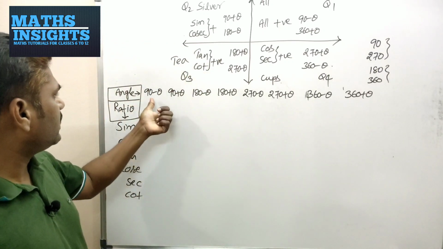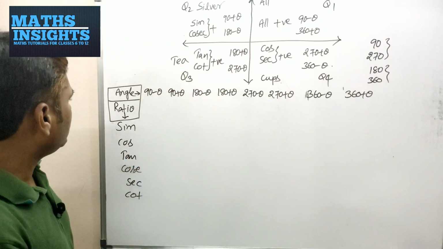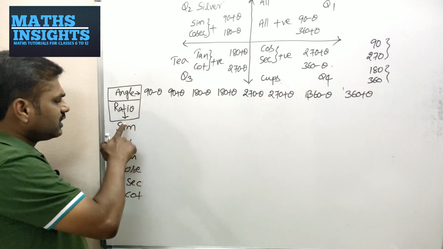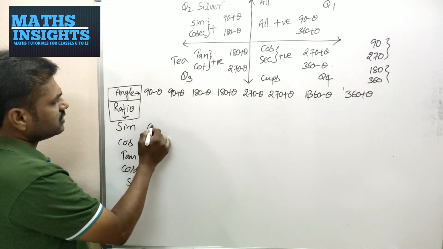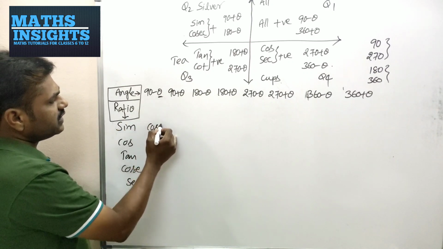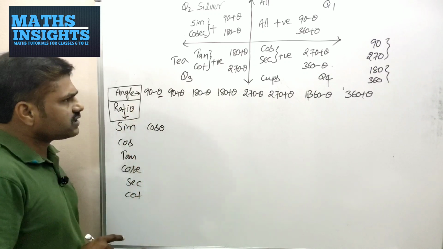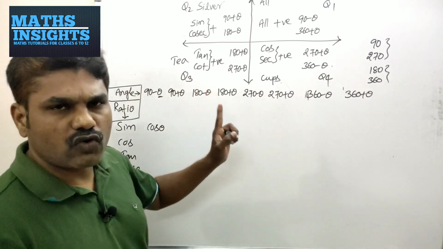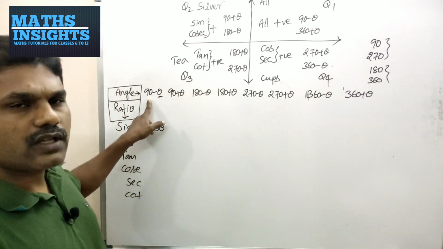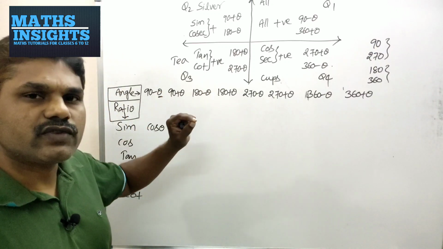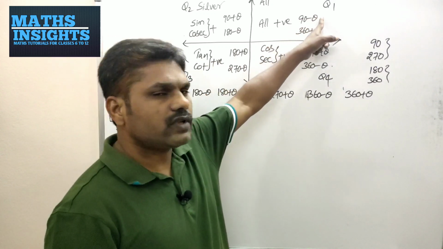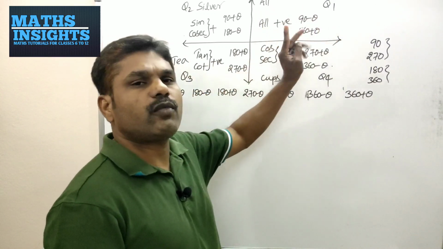So first I am taking 90 minus theta. You know that when 90 comes, sine will change to cos. See, cos theta. But the question is whether it is positive or not. For that you have to verify which quadrant 90 minus theta is in. If you observe, it is in the first quadrant, therefore all are positive.